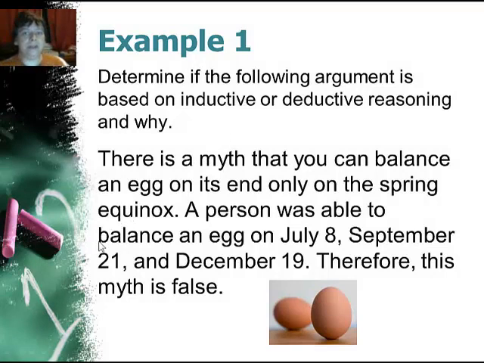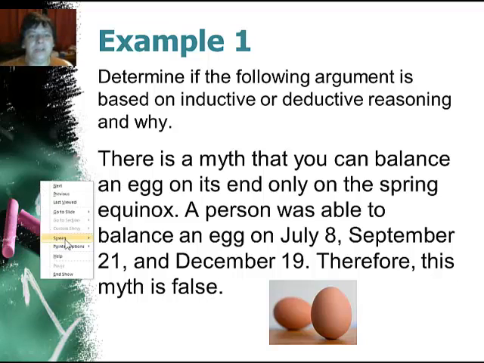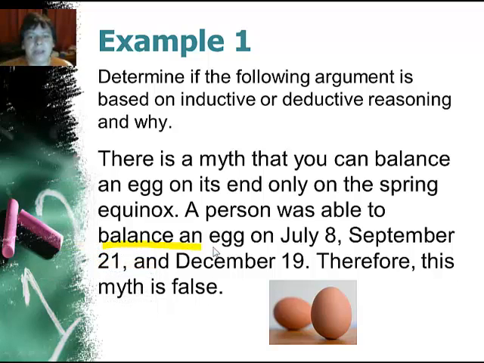So let's look at example 1. Determine if the following argument is based on inductive or deductive reasoning and why. This is an actual myth that you can balance an egg on its end on the spring equinox, only then. So what they did here is they said, well, a person was able to balance an egg not just on the equinox, but also July 8th, September 21st, and December 19th.